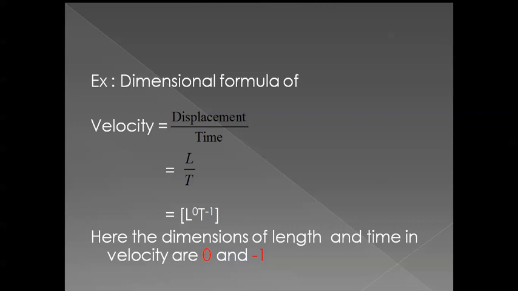Plus 1 is the dimension of length, and minus 1 is the dimension of time in velocity. So these numbers are dimensions. The whole of this total formula is called the dimensional formula, and the powers are dimensions.